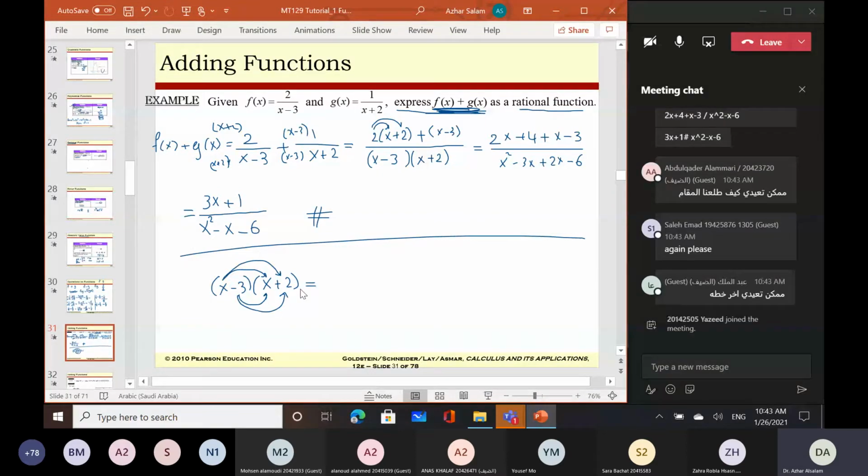We will make it like this for now. I multiply x by x, x squared, or x multiplied by plus 2, plus 2x. Then I start with the minus 3: minus 3 multiplied by x, minus 3x, and minus 3 multiplied by 2.